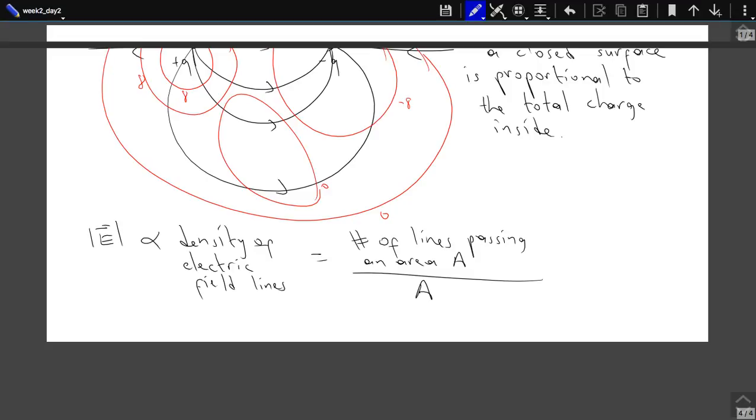We should choose this area A to be perpendicular to the electric field lines. Now this is how we can define the density.